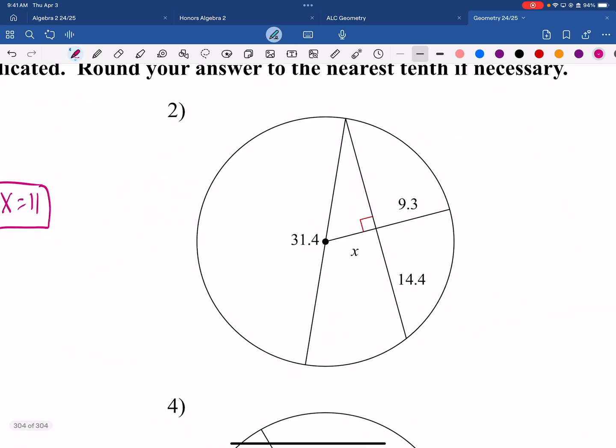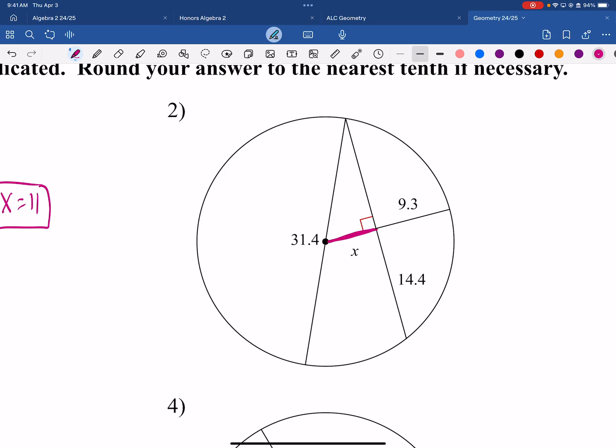Question number 2. Whole lot more complicated. This is what you have to keep in mind when you start thinking about radii, and that's why I mentioned what I talked about just 2 seconds ago. Keeping in mind what radii are. Okay, so we have to find this distance right here.